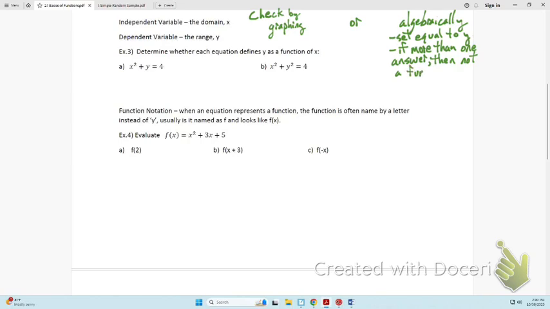This confuses some people. I'll show you what I mean in a minute, but graphing, you want to graph it, then do the vertical line test. That is the simplest way to approach it.